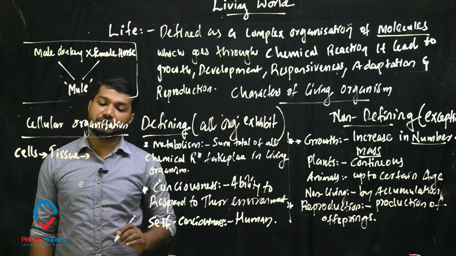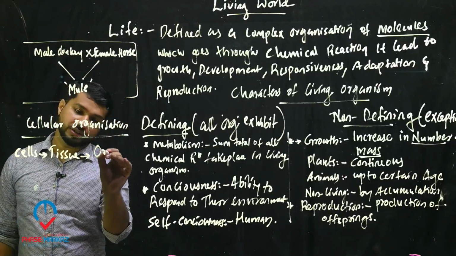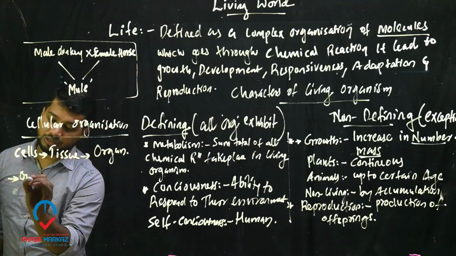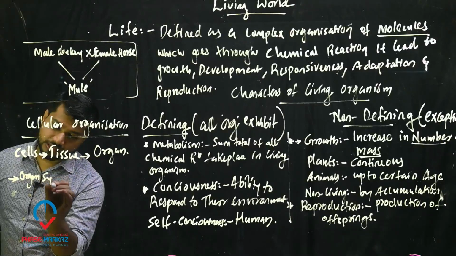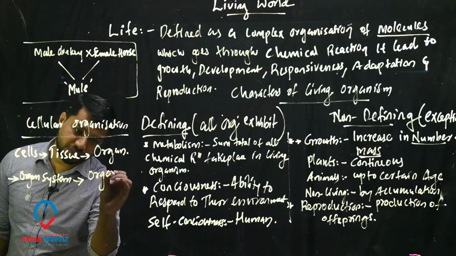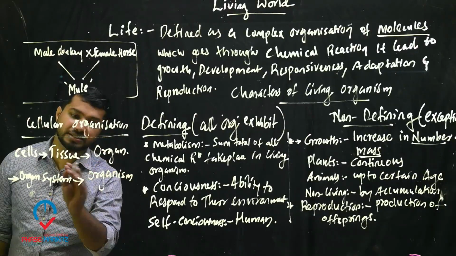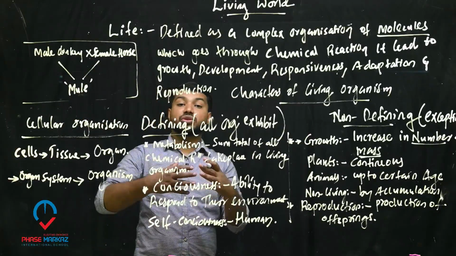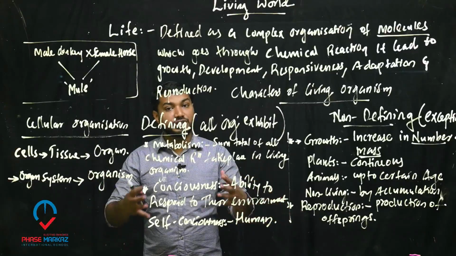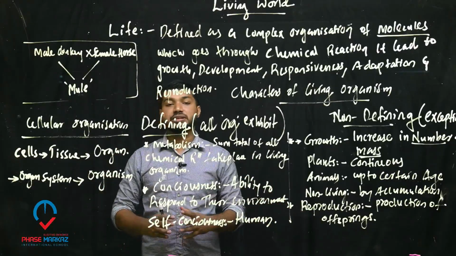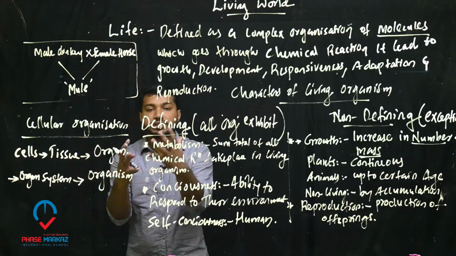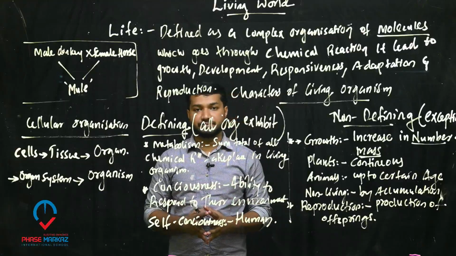The tissues unite together and form an organ, and organs unite together and form an organ system. From the organ system, the organism is formed. This is the structure of cellular organization: cells group together, tissue is formed; many different kinds of tissues group together, an organ is formed; then many organs together form an organ system; and many organ systems together we consider an organism, right.